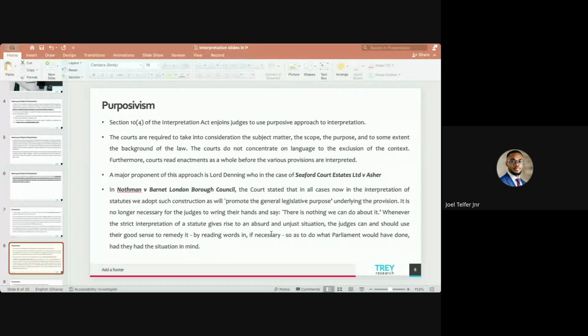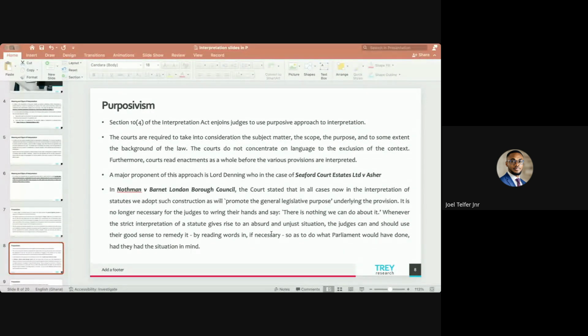And so that is why the Interpretation Act enjoins the person doing the interpretation to ensure that he's interpreting it in a manner that permits the creative development of the law and the constitution. And then finally, it says we need to avoid the technicalities and niceties of form and language, which defeat the purpose.